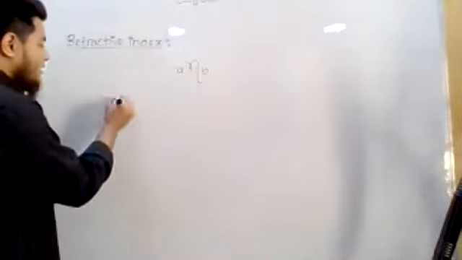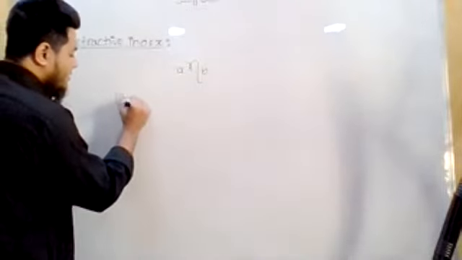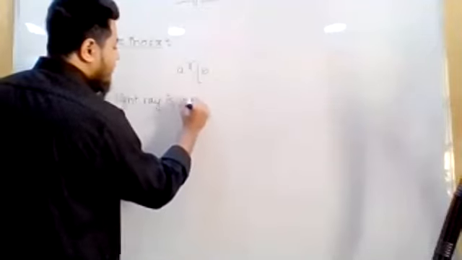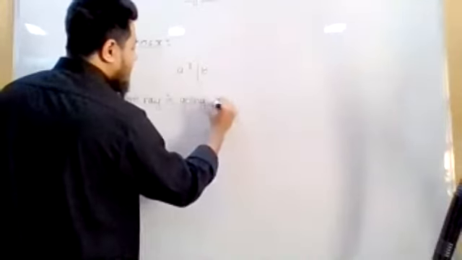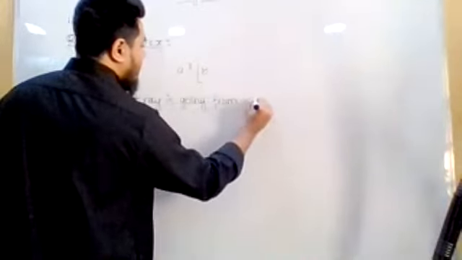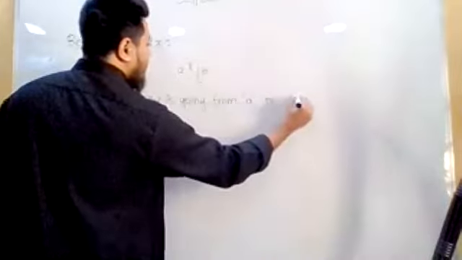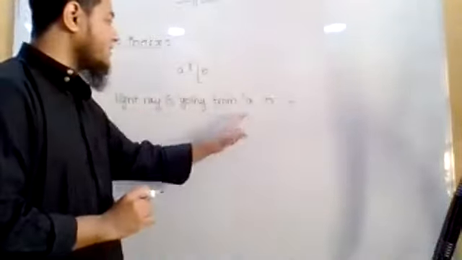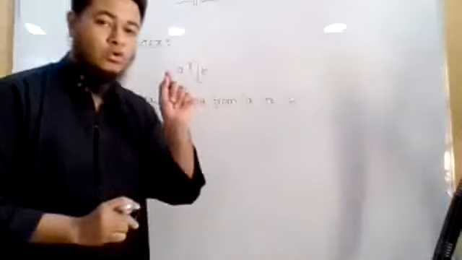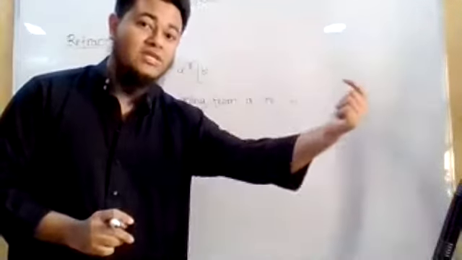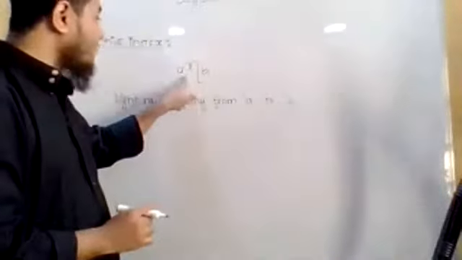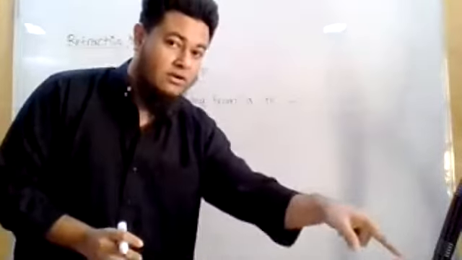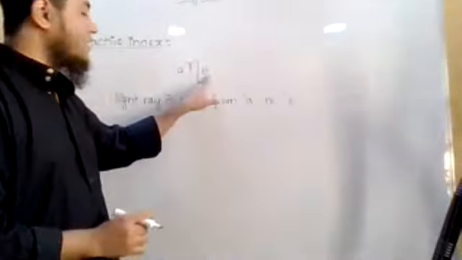This means that the light ray is going from A to B. That means A is a medium, B is another medium, and the light ray is passing from A to B. So the medium from which the light ray is coming will be written before eta, and the medium into which the light ray is going will be written later.